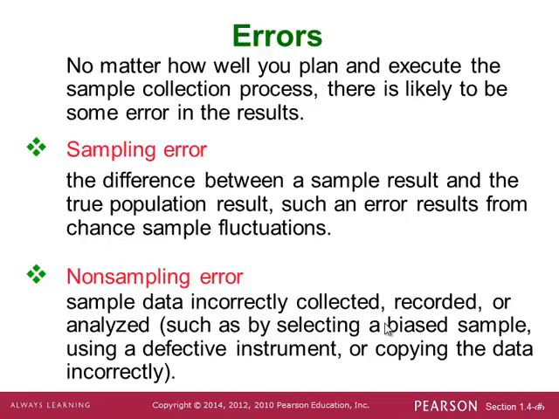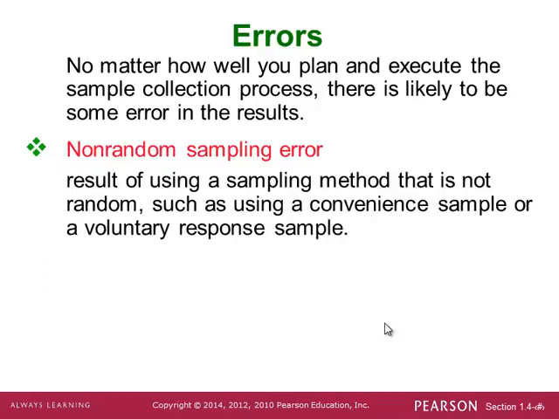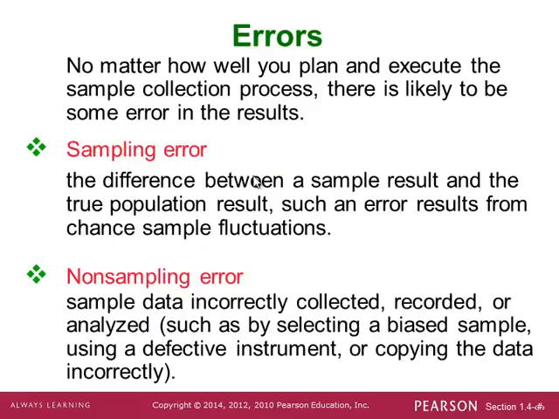So if you have a bad design, like you're doing convenience sampling when you should be doing random sampling, well, you're going to get really bad data. That last one actually goes with the non-random sampling error. You're just using the wrong method. The non-sampling error is more the technical errors.